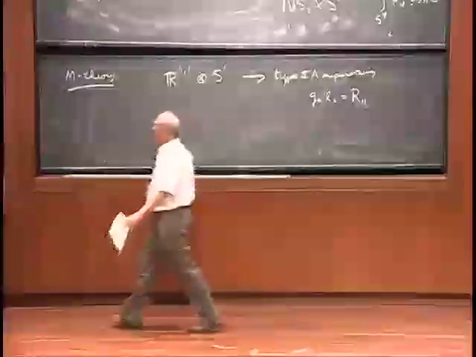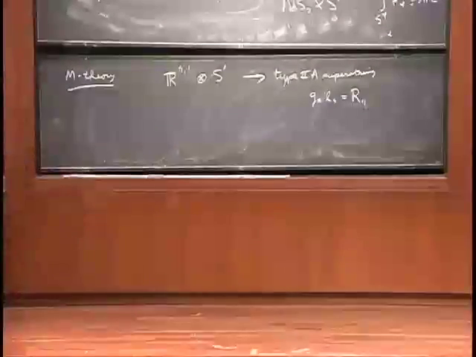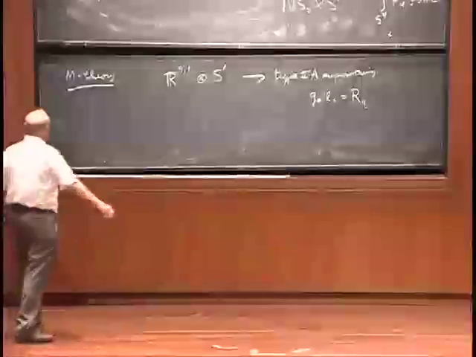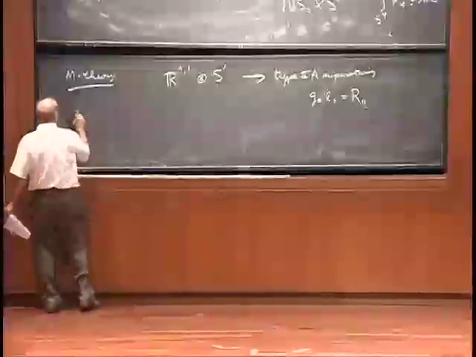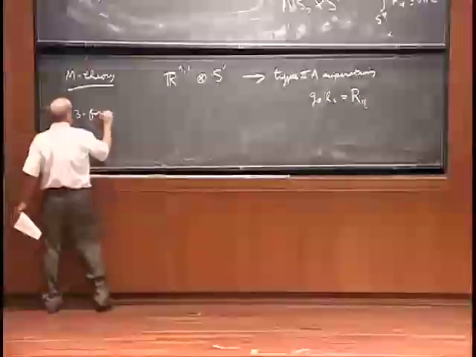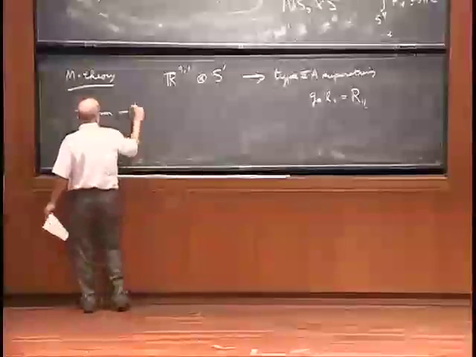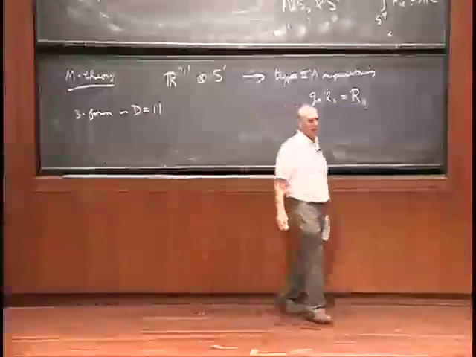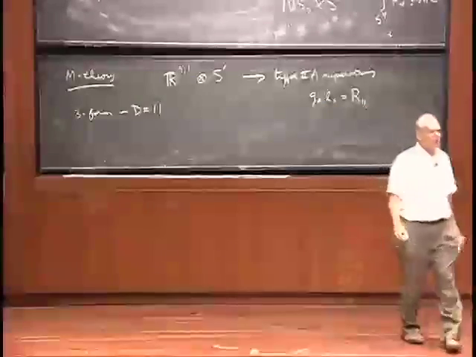And the clue to that is to remember something we discussed last time, and that is when we had these form fields, there were associated branes that carry conserved charges. So when we have a 3-form in 11 dimensions, we can ask what kind of branes this would couple to that would have conserved charges.